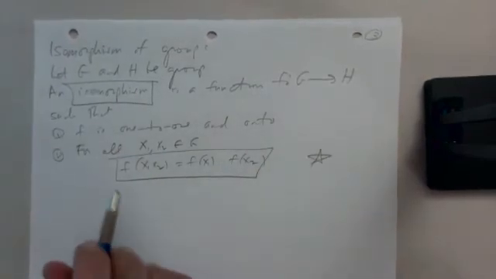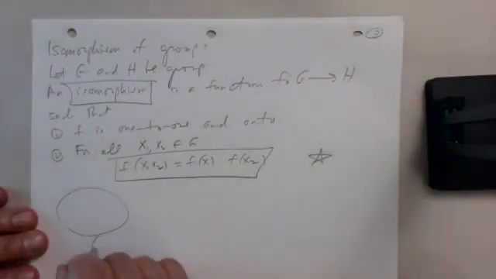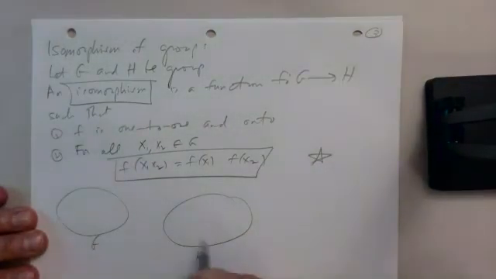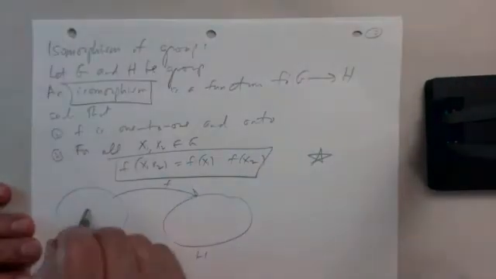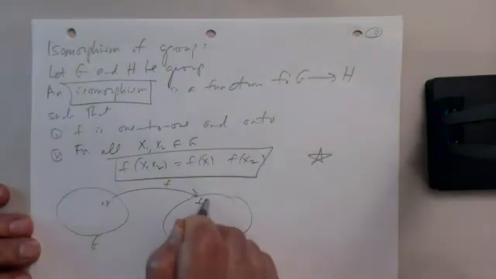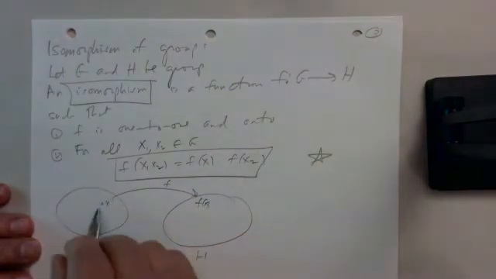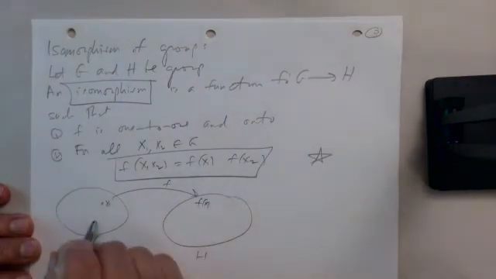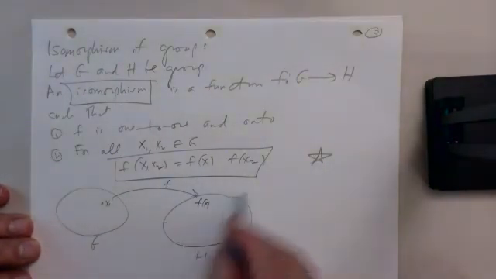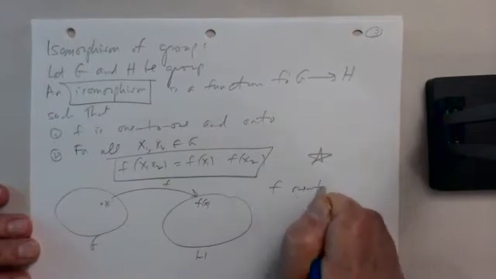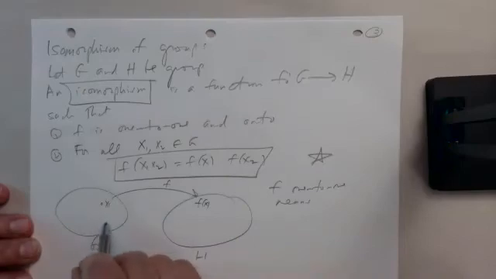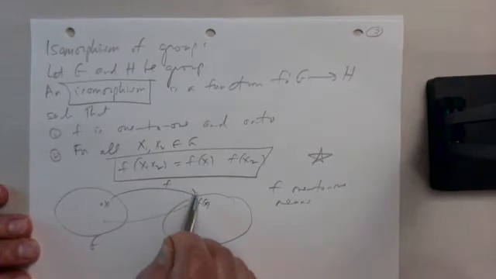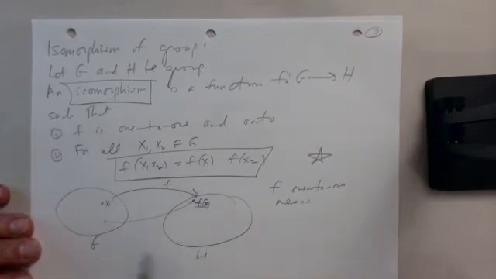So you can think of it like this. Here's the group G. Here's the group H. And we have some function from G to H. So if you take an element x, it goes to some element f of x. Now, what does it mean to be one-to-one? f is one-to-one means that it cannot be the case that there are two different elements in G that get sent to the same element over in H. That can't happen.